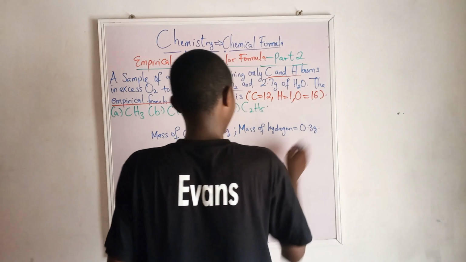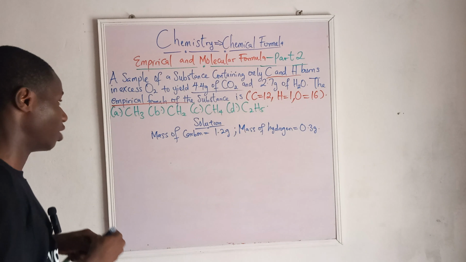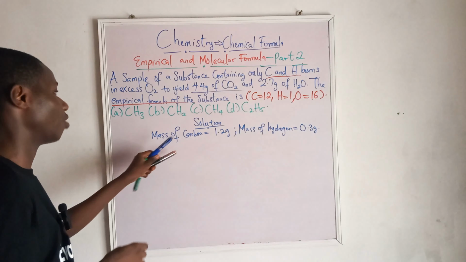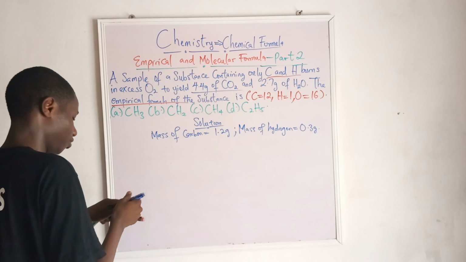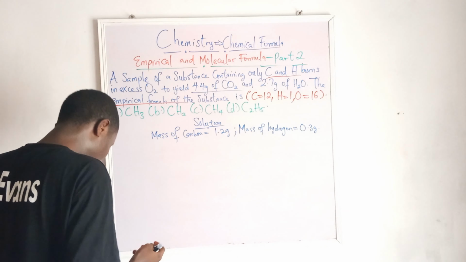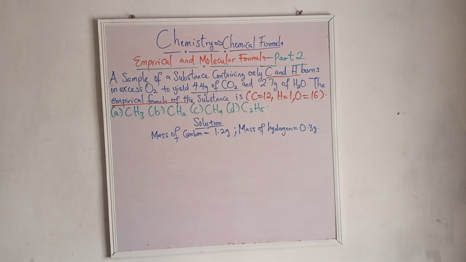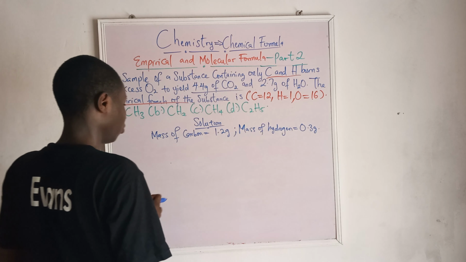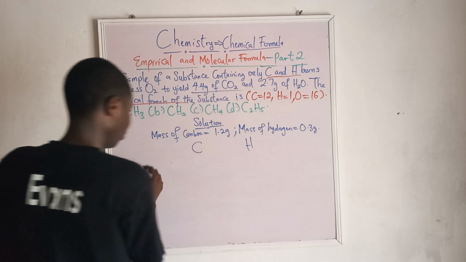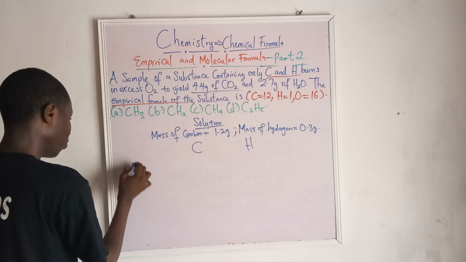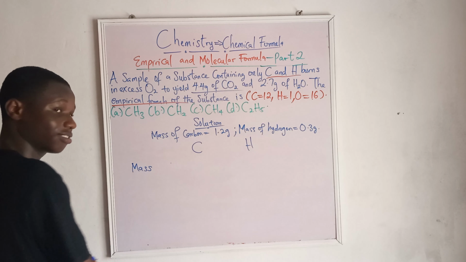We got 0.3 gram, right? Now since we have gotten the mass, the next thing we want to do is write it the way I told you, the way we did the first one. So just do it like this: your carbon, your hydrogen. Just like the way we did the first one, instead of percentage composition, you'll be having mass.